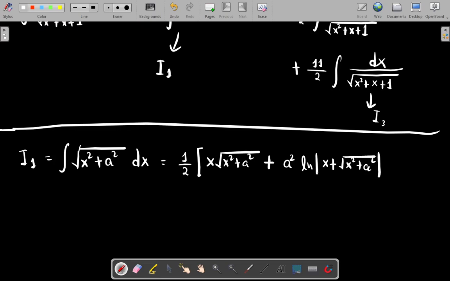This is for I1. Now here this is 2I1, so if we do the 2I1, we will just have this part inside the bracket left for this I1.